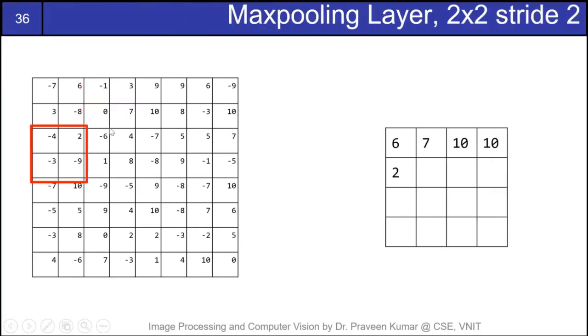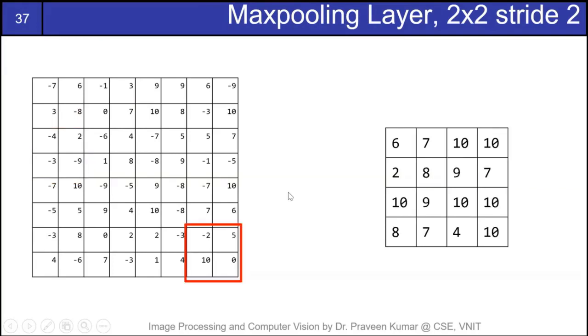Similarly, when we move down, we also skip 2 rows and come straight down to the next location, and so on. This way we subsample by a factor of 2 in each dimension, x and y, and we get this output. So we have retained the max response and got rid of non-responsive locations.